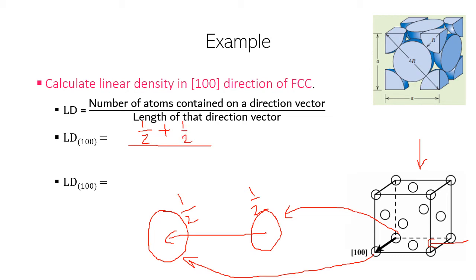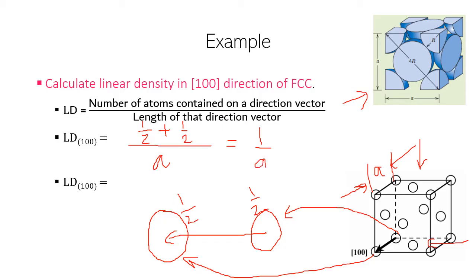Those are the number of atoms contained on the direction vector 100, and the length of that direction vector is equal to the lattice parameter. So this direction as indicated in this picture is a. So in terms of the lattice parameter, this becomes 1 upon a.